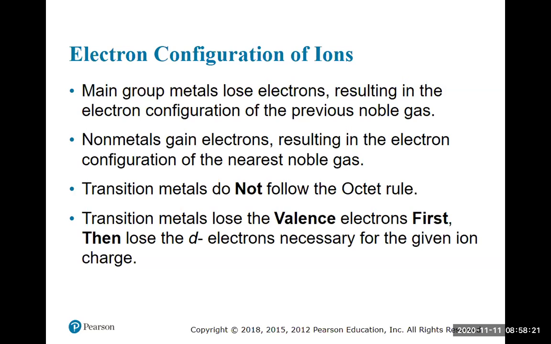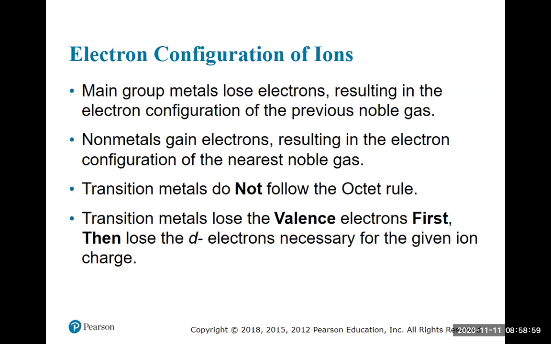The non-metals will gain electrons to try and achieve that noble gas configuration. This is pretty common, and the reason is that noble gases are pretty unreactive. They're not totally unreactive, but they're pretty stable. So these elements and ions are always trying to reach the state at which they're the most stable.